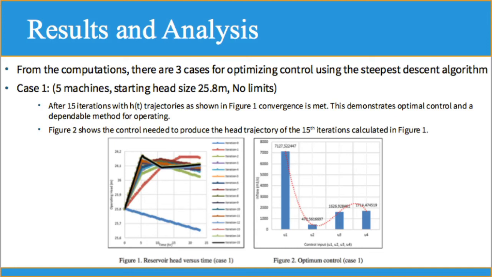And here it shows that convergence was met after 15 different iterations for the trajectories of h of t. On the left side, it shows the black line, which is where the convergence was actually met.